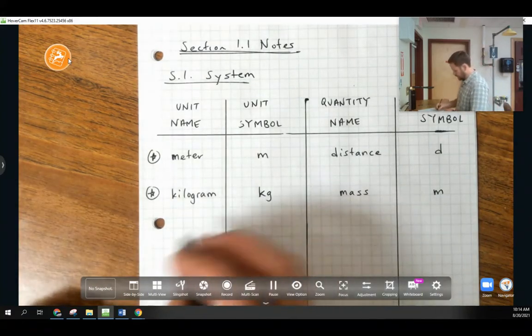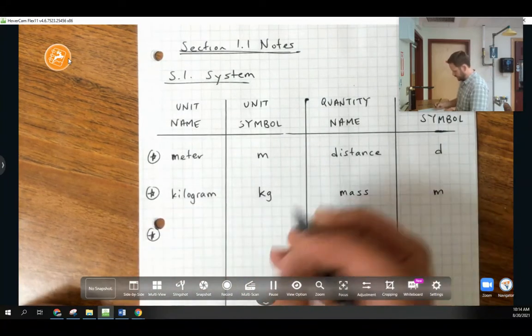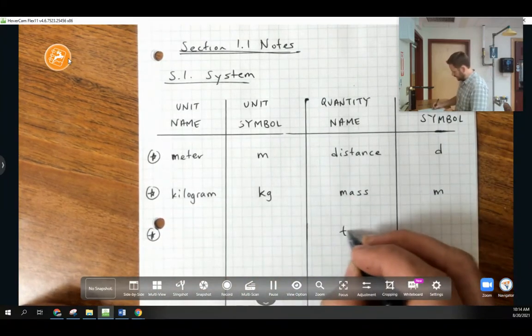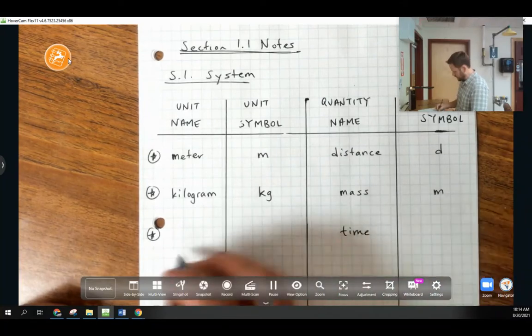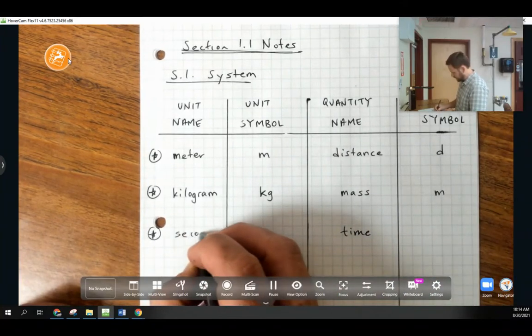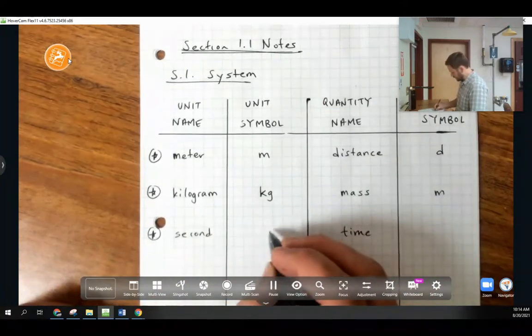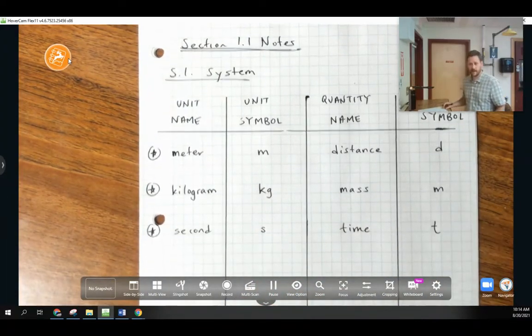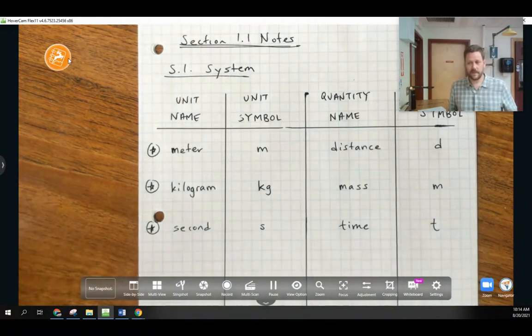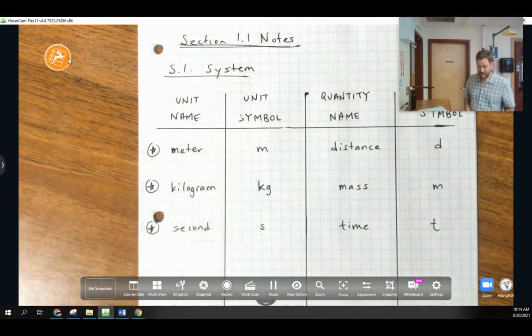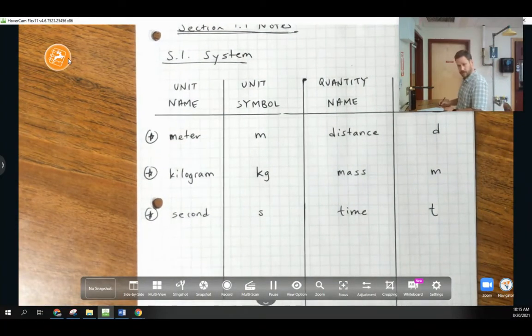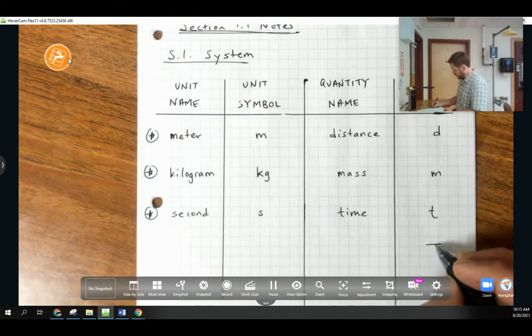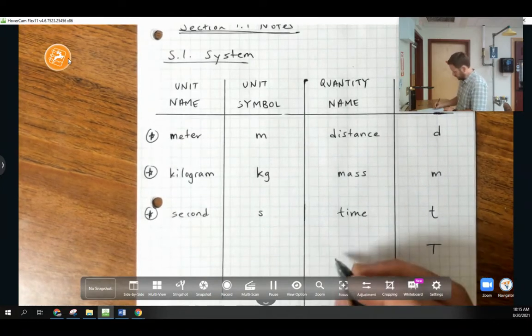Sometimes we do need to talk about time, and the SI unit for time is the second, and its symbol is a lowercase s, lowercase letter t for time. The uppercase letter T is going to come up in a moment. It is going to be for a different quantity. Uppercase letter T is for temperature.